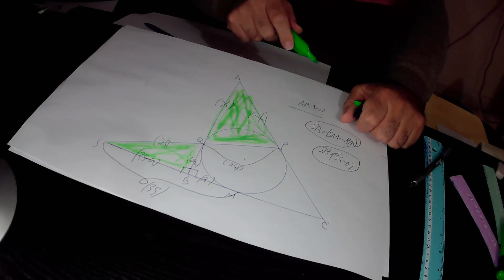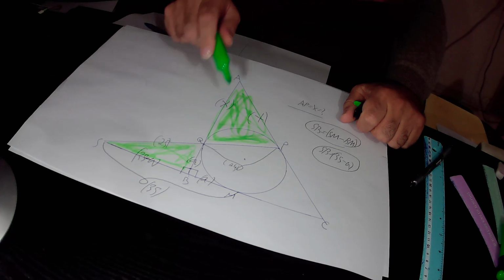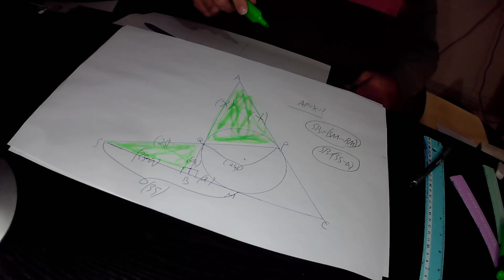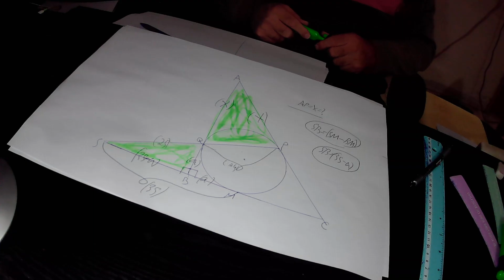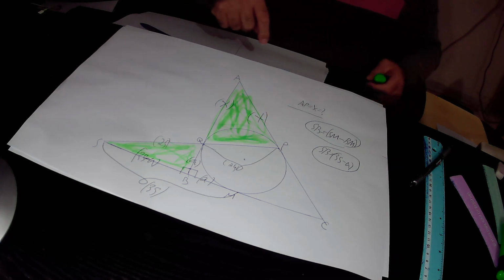QP is of course the base of this isosceles triangle, triangle AQP. So in the next step, we will do a construction: from the vertex A, we will draw a perpendicular to the base QP.